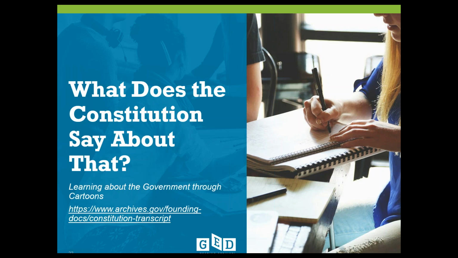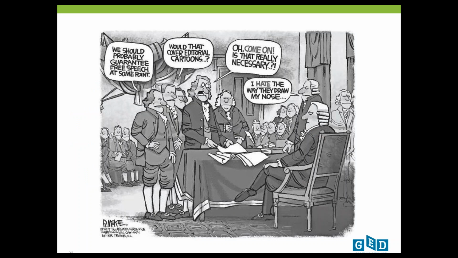The National Archives has done a tremendous service in putting together different cartoons that match up to different parts of the Constitution itself. They actually have a Constitution scavenger hunt that comes from using political cartoons. So this is not one of them, but this one can be a starting point.